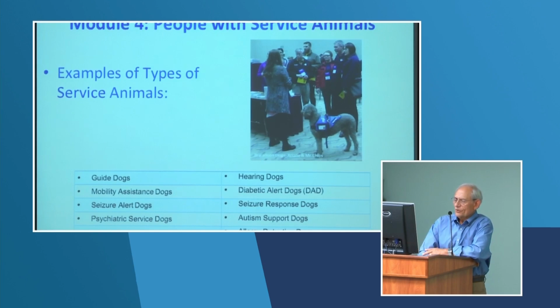We already said seizure response dogs. Then autism support dogs. That's both for companionship and to allow the person to feel comfortable and relaxed. Allergy detection dogs, they don't detect bees, they detect nuts and things like that. They're trained to detect that in foods.